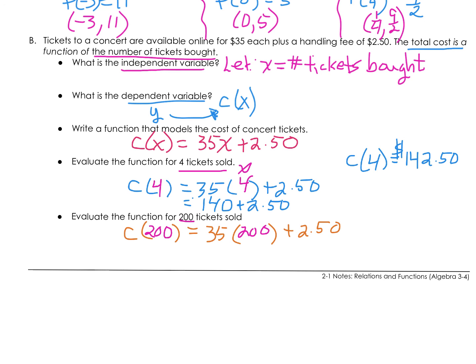Then I'm pretty sure you're going to want to use your calculator for this, but 35 times 200 is 7,000 plus $2.50. So therefore, c of 200 is equal to 7,002.50, and that's in dollars. That's your total cost. And that's it.